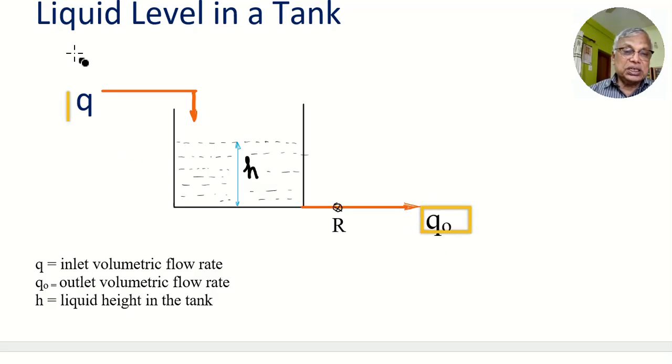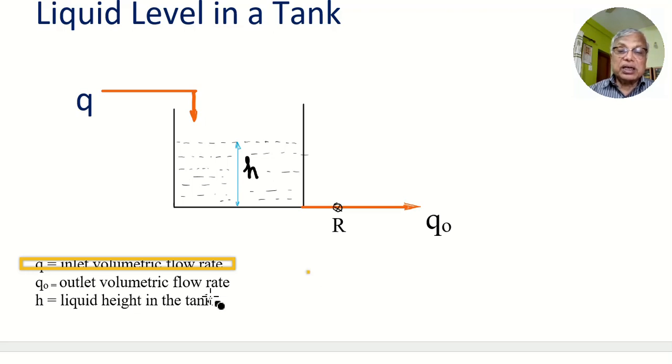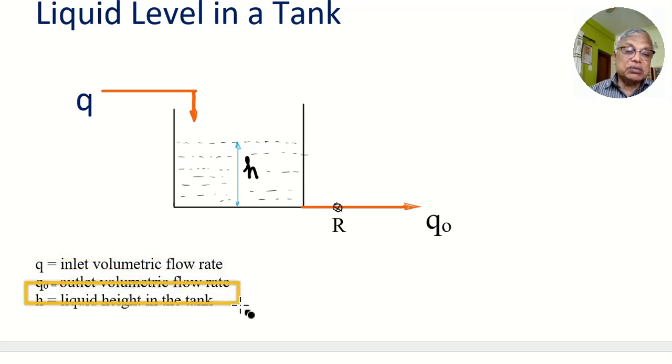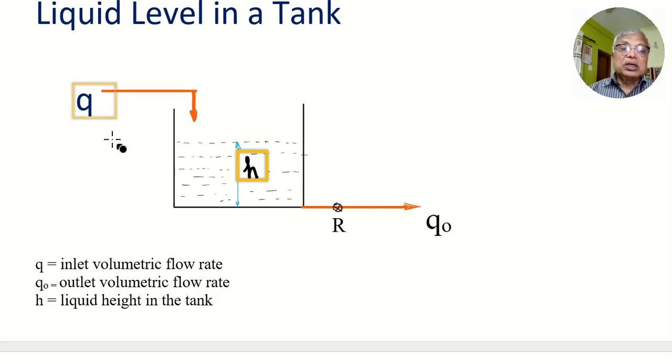So a change in inlet volumetric flow rate can cause a change in both these variables, Q0 as well as H. So there will be two transfer functions, number one relating Q and H, and another transfer function relating Q and Q0.